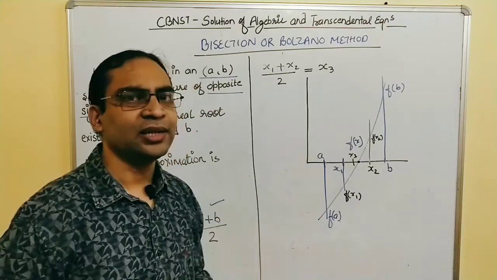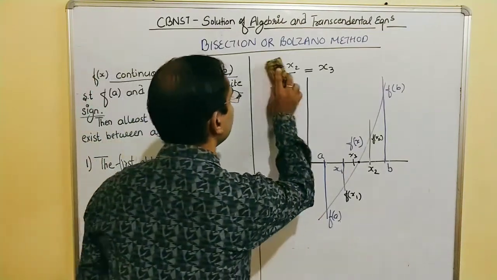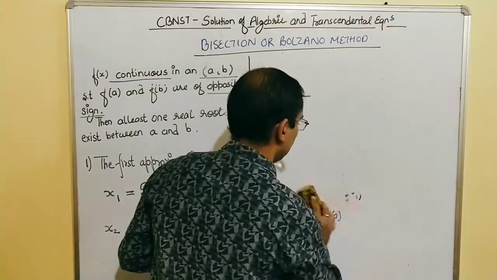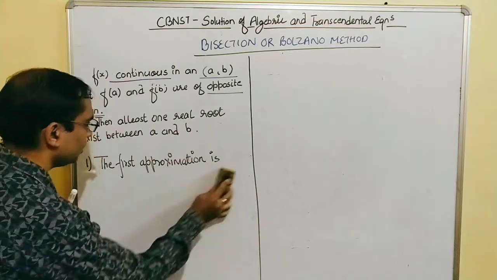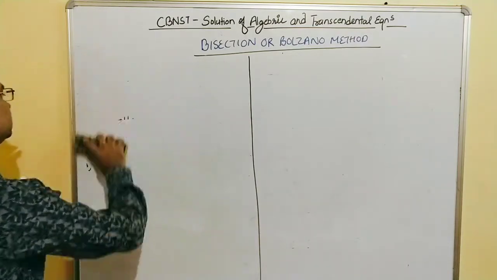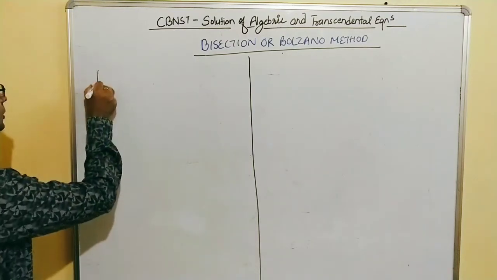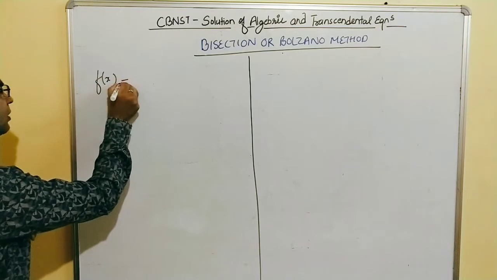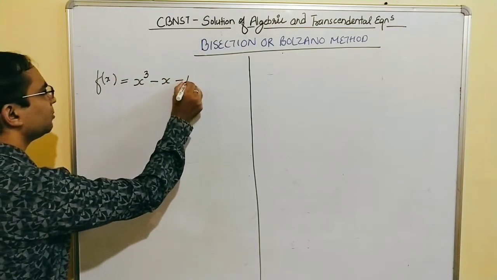So let's take an example. Let me erase this. Let me take the example and solve this. Let me take the example as f(x), it is given as, let's say, x cube minus x minus 4.